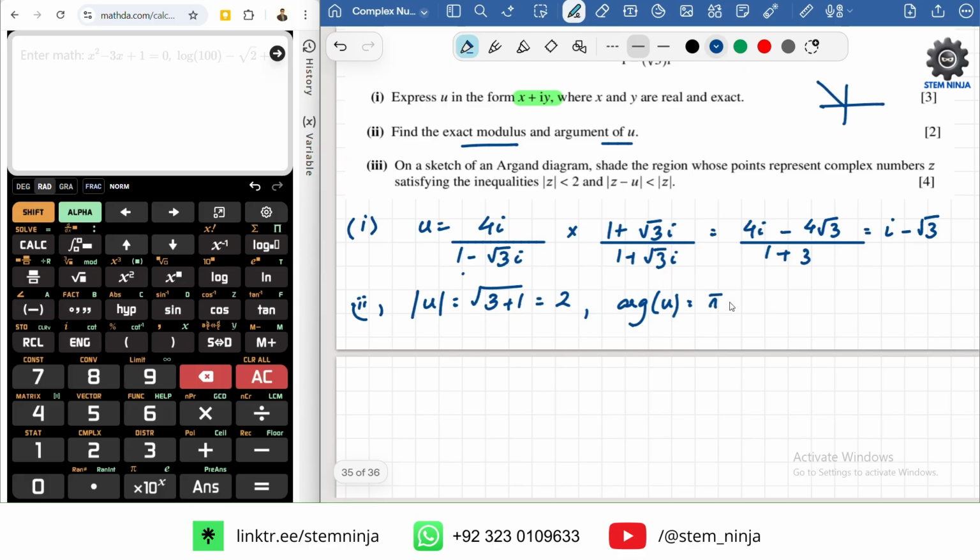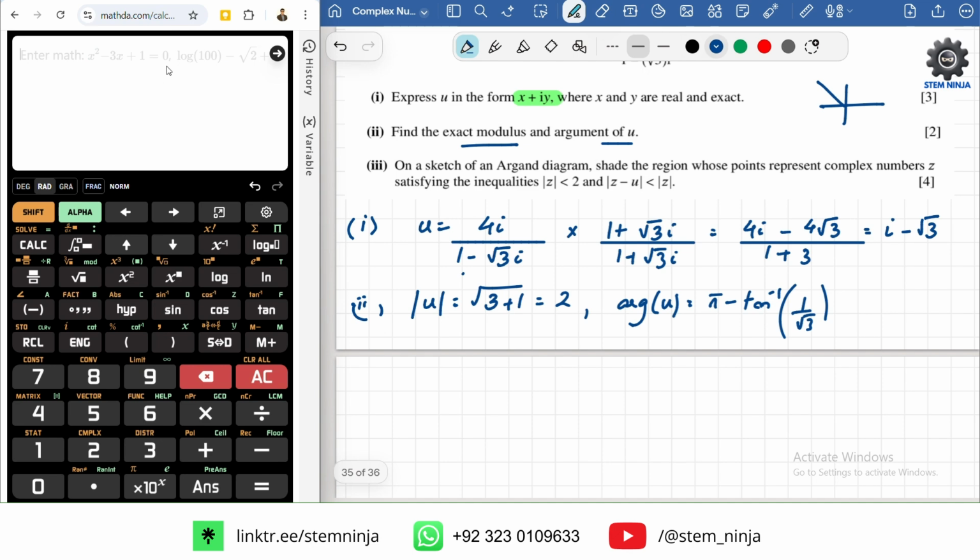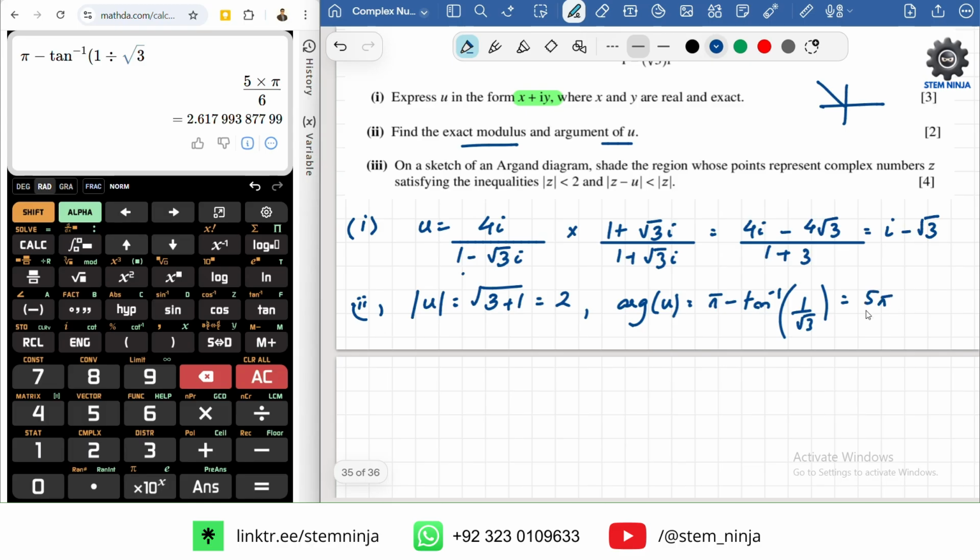So you can do pi minus tan inverse of 1 over root 3. So pi minus pi by 6 is 5 pi by 6, which is 150 degrees.